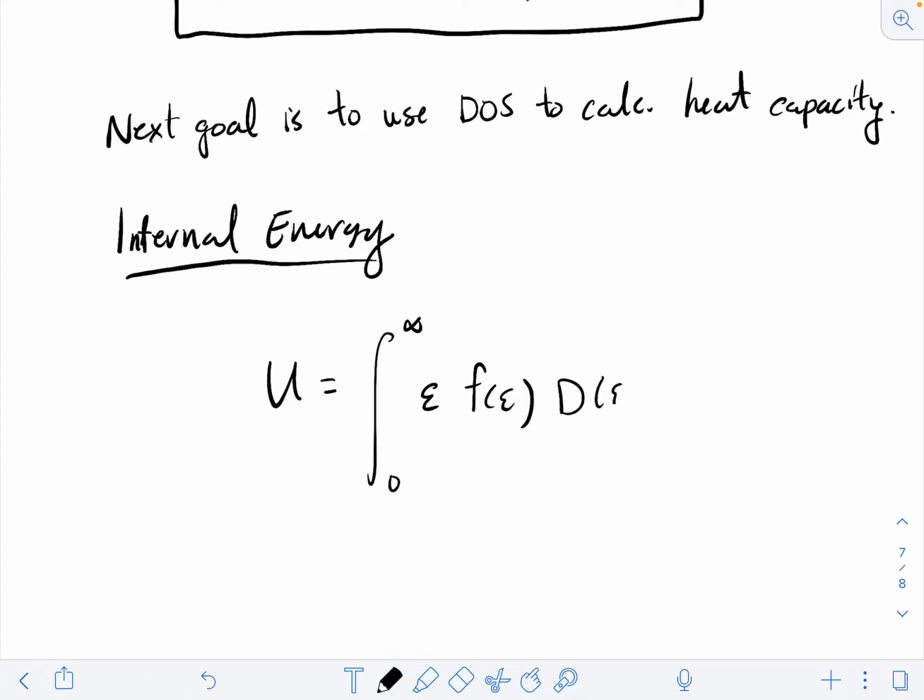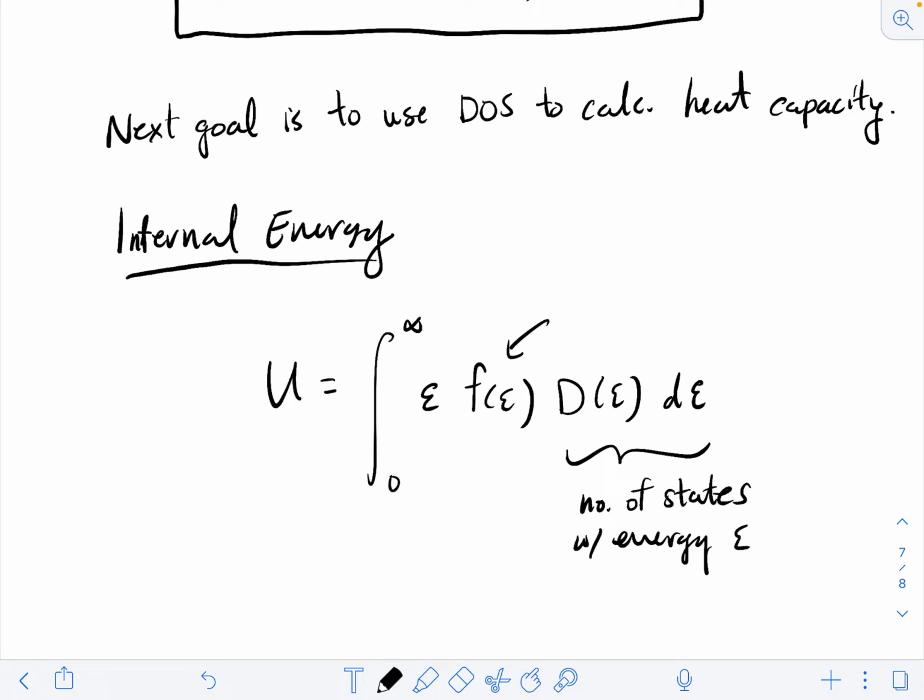And then we need to know how many states there are at that particular energy. And so breaking this down, this is the number of states with energy epsilon. This is the probability that the state is occupied.